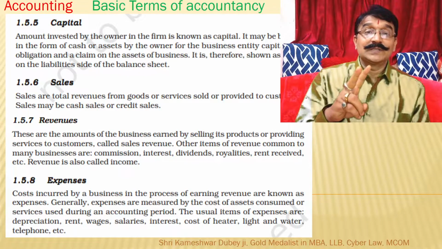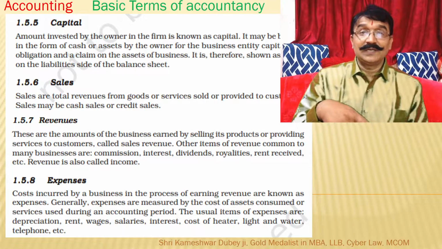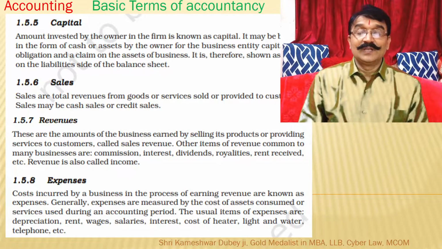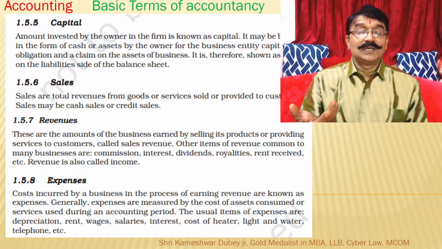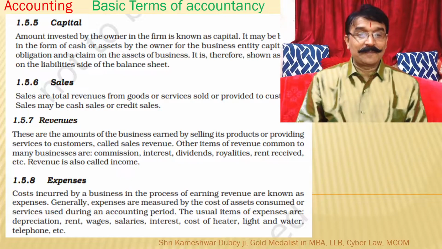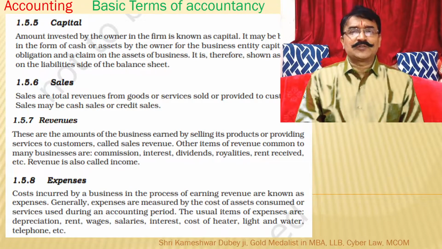Only two ways: either by selling the products it makes, or by providing services. By providing services or by selling goods, revenue is generated and income comes. There are some other ways of revenue generation also.